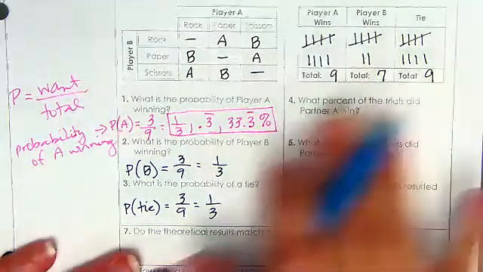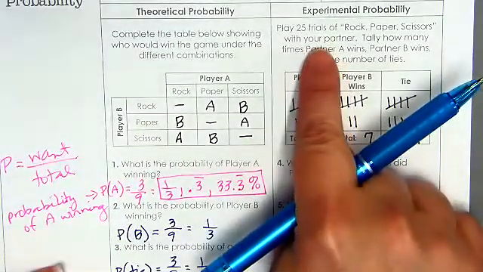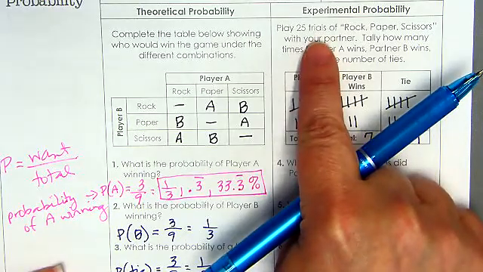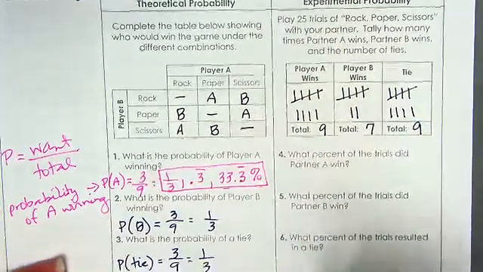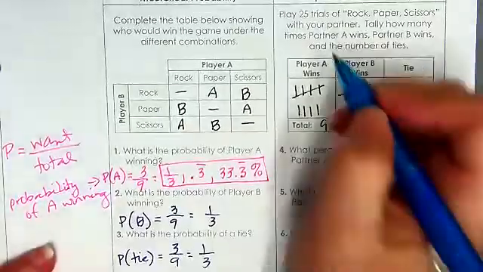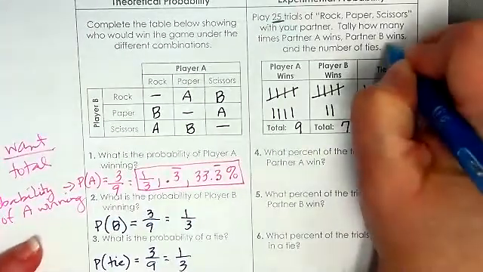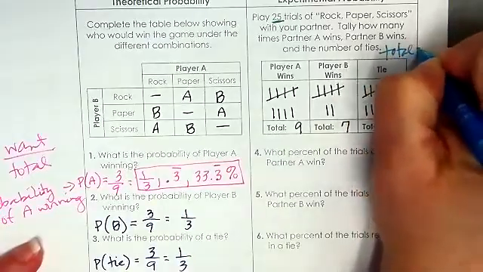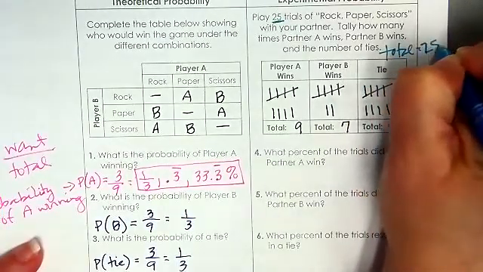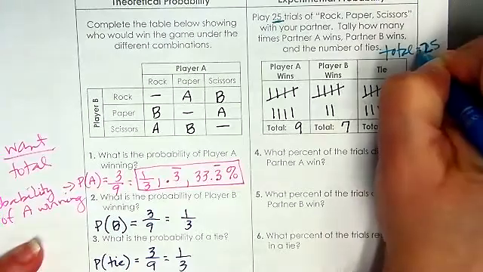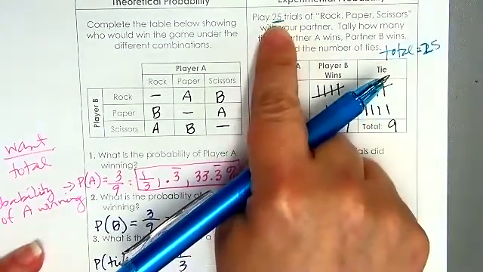We had a pair of people, partner A and partner B, and they did 25 trials of playing the game. So the total is 25 because we did 25 trials.